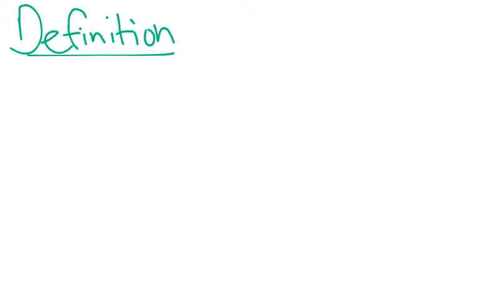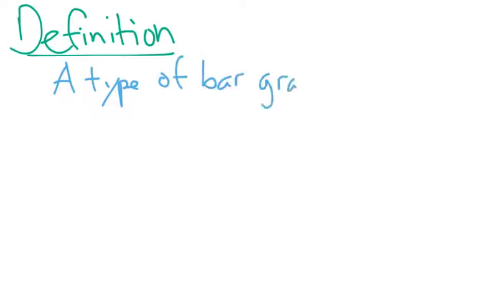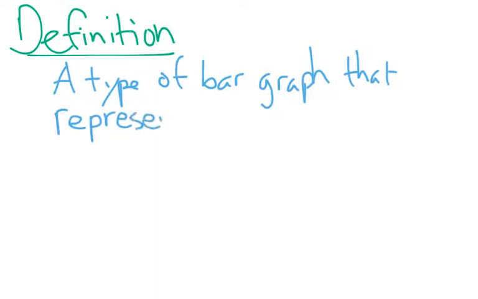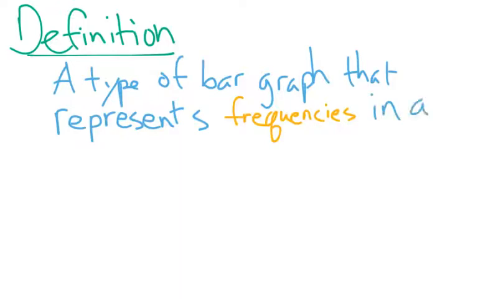So first of all, let's define what it is. A histogram is a type of bar graph that represents, and then here's a keyword, frequencies in, and then another keyword, intervals.